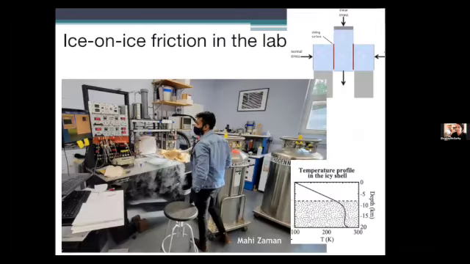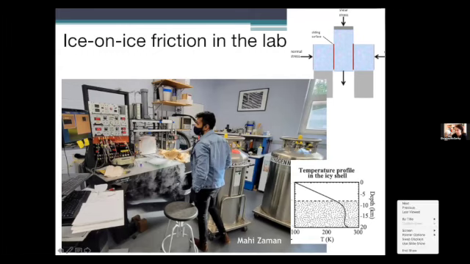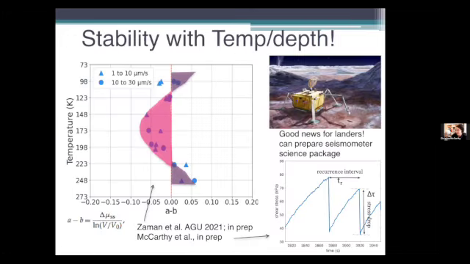Mahi Zaman, the grad student working on this, did beautiful experiments over this whole temperature range. I just want to share this beautiful data that he's got. He reported this at AGU, but he's also going to submit very soon. And indeed, with temperature alone, we see that same kind of behavior where we have velocity strengthening, velocity weakening, and strengthening again.